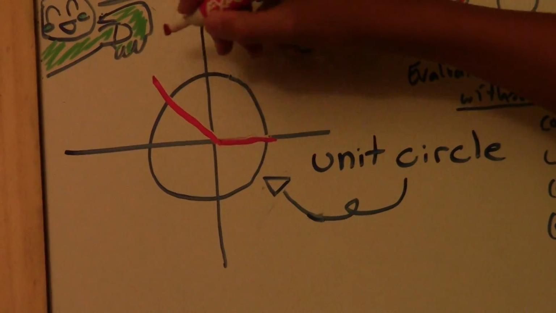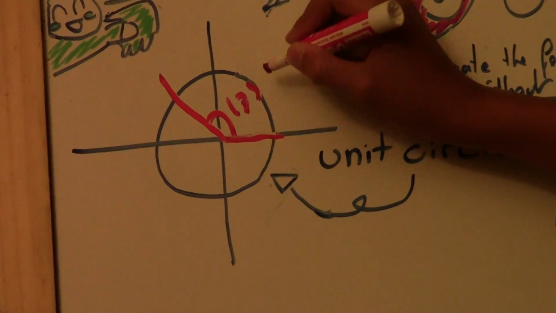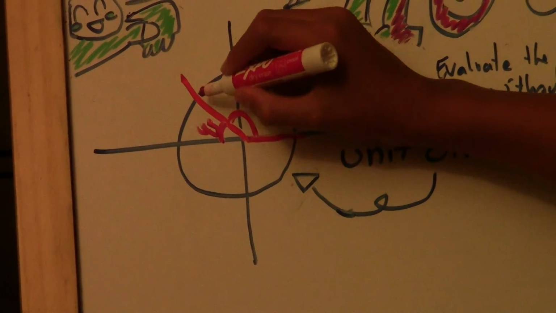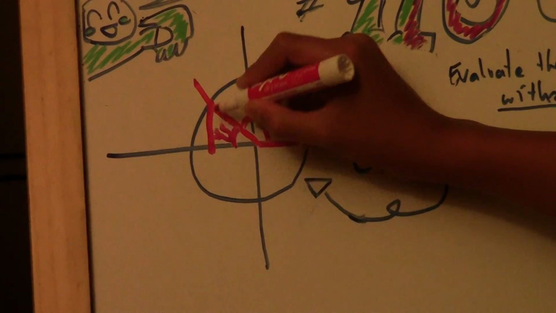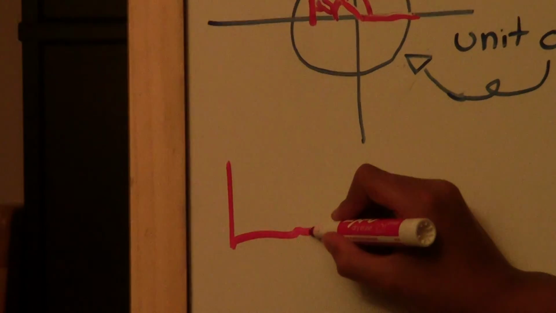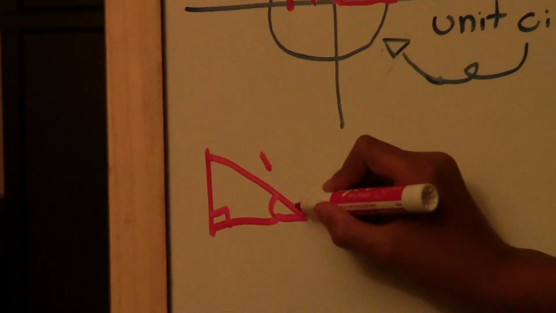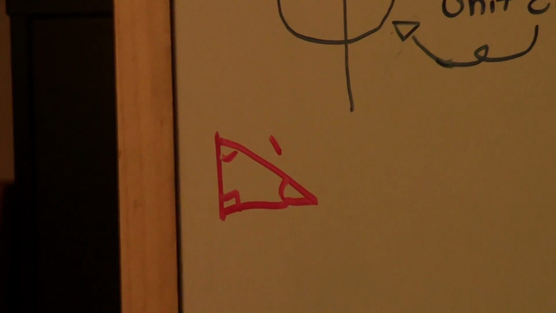So we have 135 here, and we have 45 here. To find out what the sine is, we make a triangle. We have a 90 degree angle, that's 1, and this is 45 degrees right here, and this is also 45 degrees.